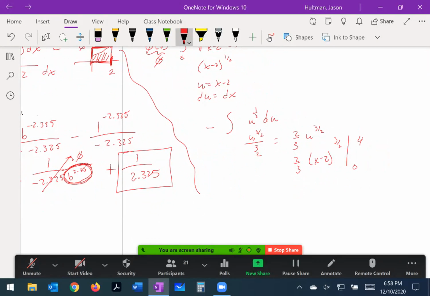I plug a 4 in there and I get 2. So 2/3 times 2 to the 3/2, minus, plug in 0, that's negative 2 to the 3/2.